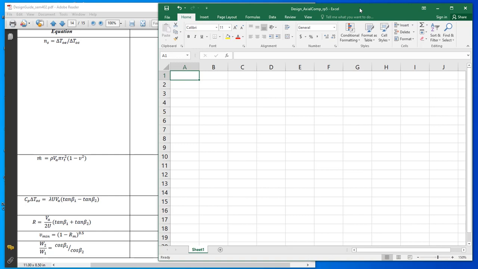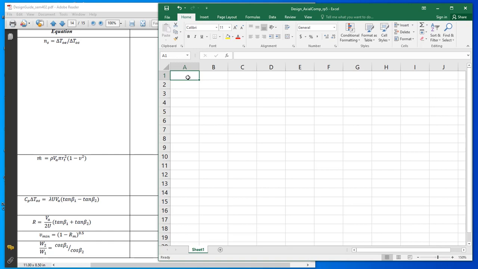So instead of doing everything on paper, we are going to open an Excel sheet and do the rest of the design of the remaining stages using it.